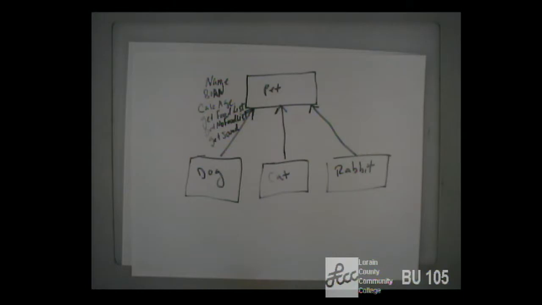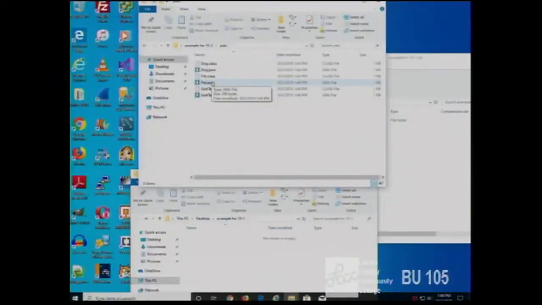So I'll create two folders underneath this example, one for the sales rep example and one for the pets example. So I only did pet and dog, but we could easily expand this to do pet, dog, and cat, and rabbit or whatever.